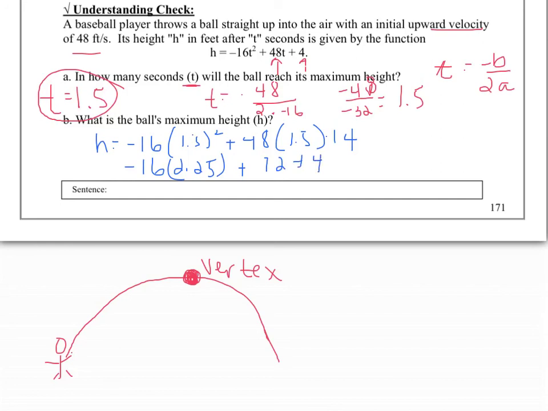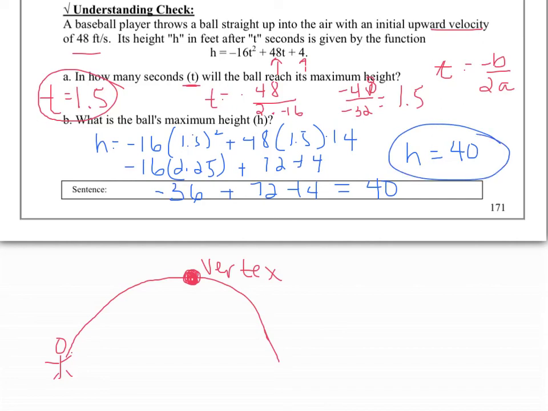Negative 16 times 2.25 is negative 36, plus 72, plus 4, which is equal to 40. So h is equal to 40. The height is 40 feet.